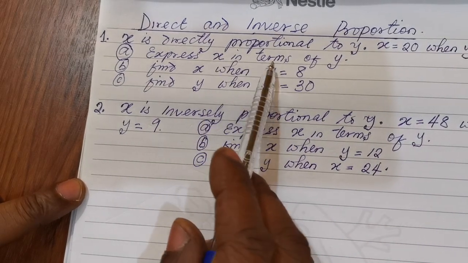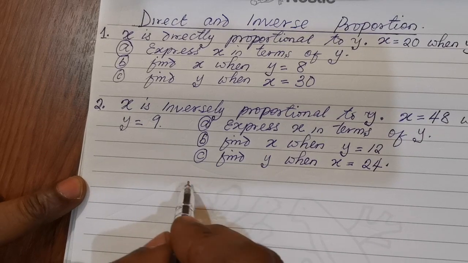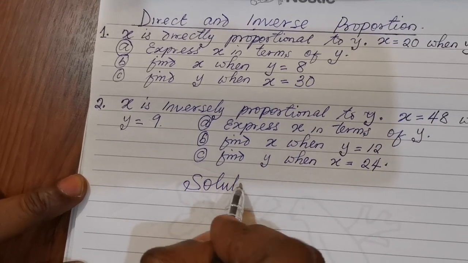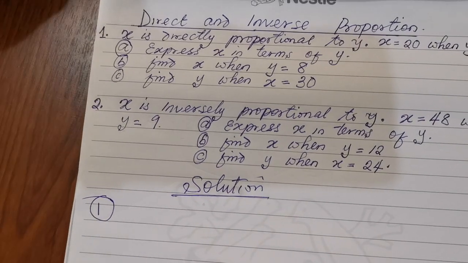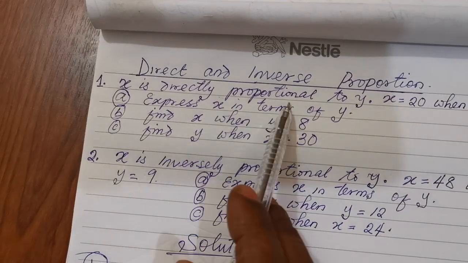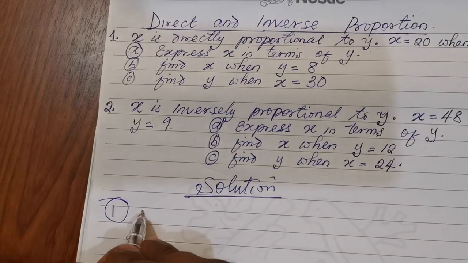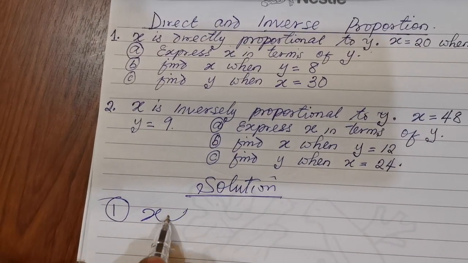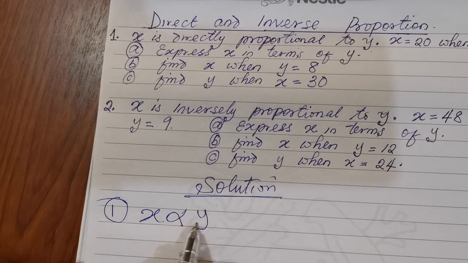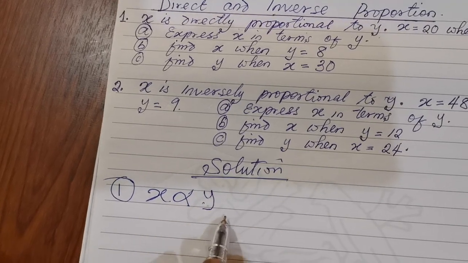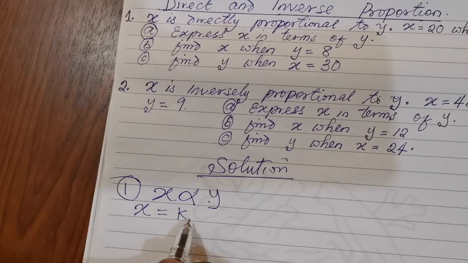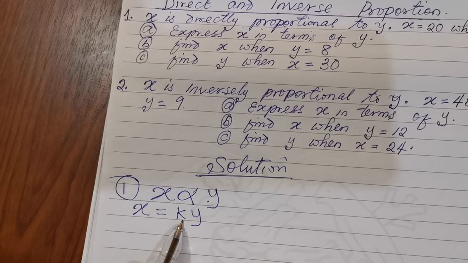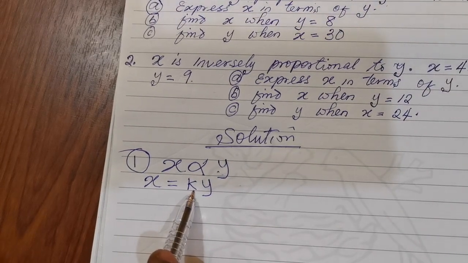Express x in terms of y, that's A. Since x is directly proportional to y, I will have x equal to ky, where k is my constant of proportionality.